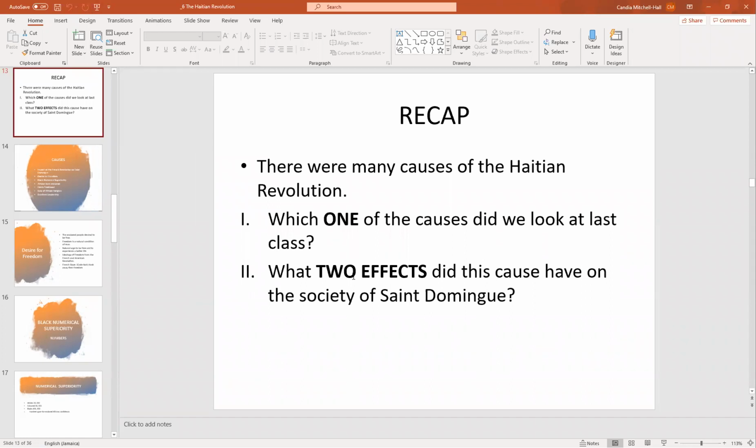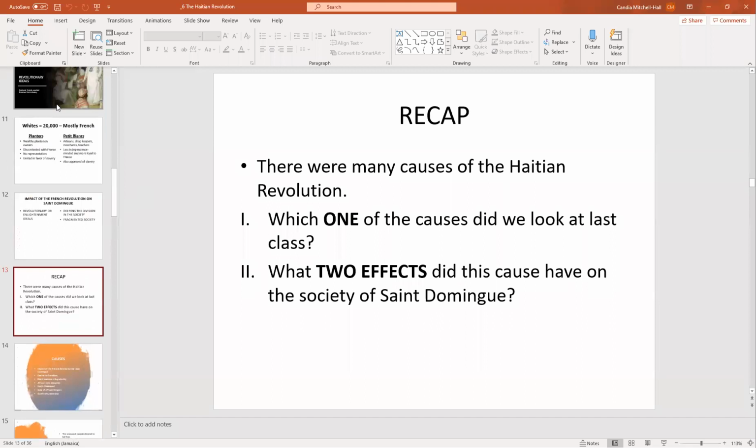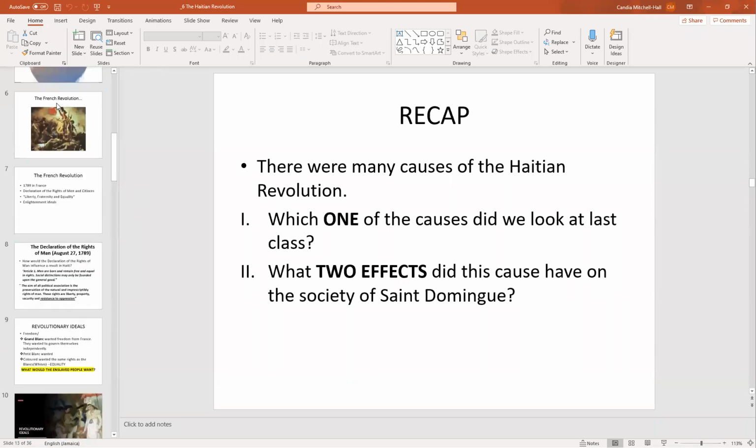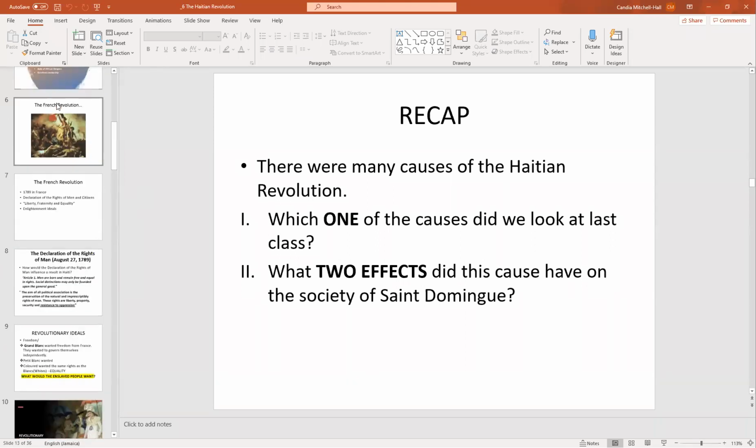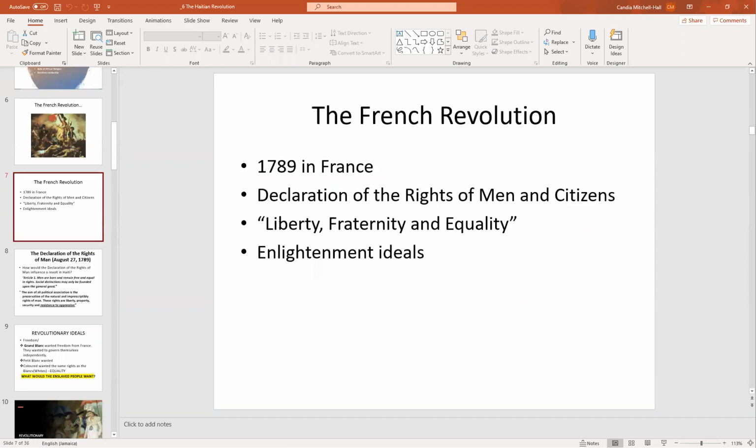Very good. So those were the ideas that had some impact on Saint-Domingue. Liberty, which is freedom; fraternity, brotherhood; and equality, meaning everybody wants to be equal.